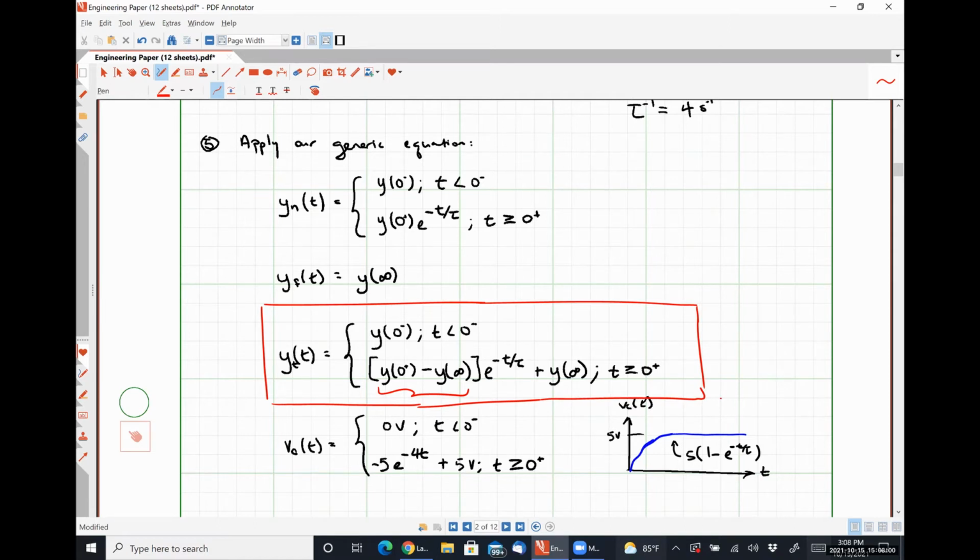Doesn't matter if it's an RC circuit, doesn't matter if it's an RL circuit. Technically, it doesn't even matter if it's a total response problem or a natural response problem, because for the natural response problems, y at infinity was 0. So this generic formula literally works for any and every linear first order circuit.